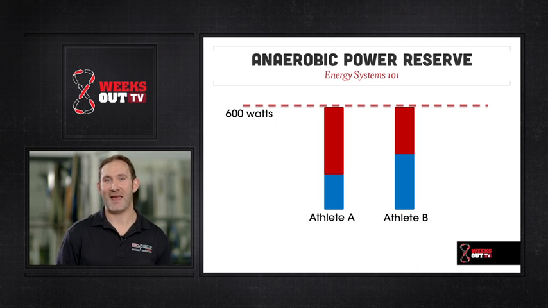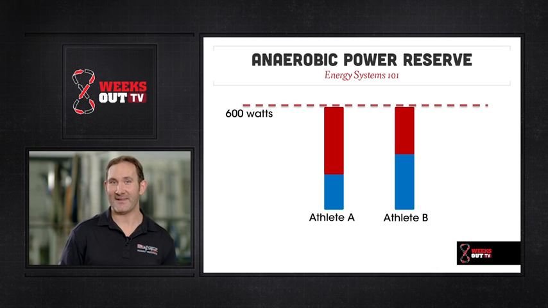So if we just want to look at this from a practical standpoint, let's say we had two athletes, athlete A and athlete B. And again, if you look at this bar chart here, the blue represents the aerobic contribution, the red represents the anaerobic contribution. If both of these athletes are asked to produce 600 watts, which athlete do you think is going to be able to maintain that power output for longer? Clearly, it's going to be athlete B, because a greater percentage of that 600 watts is going to come from the aerobic side, which is sustainable.